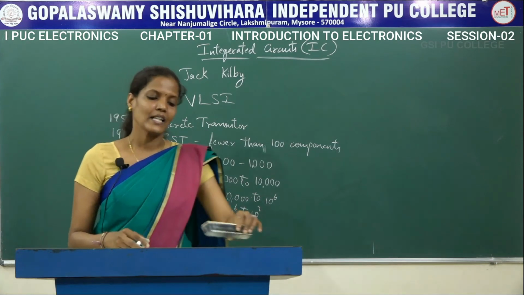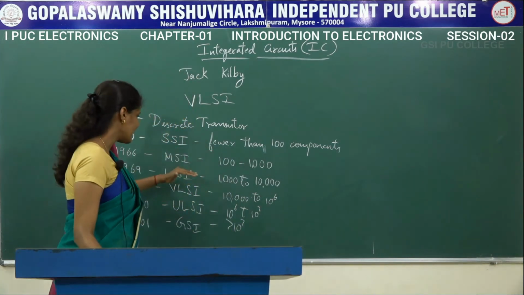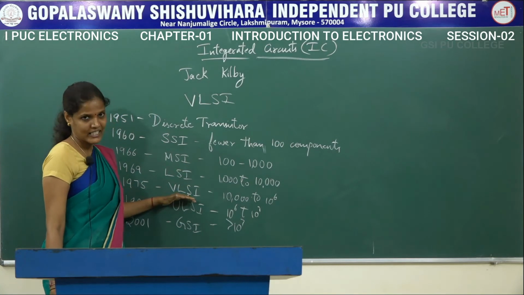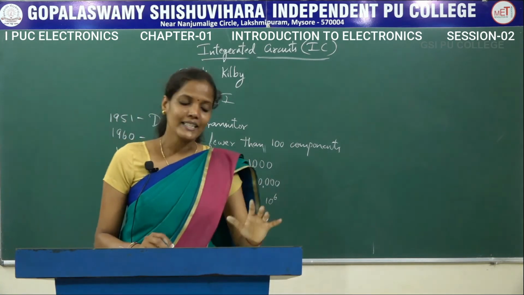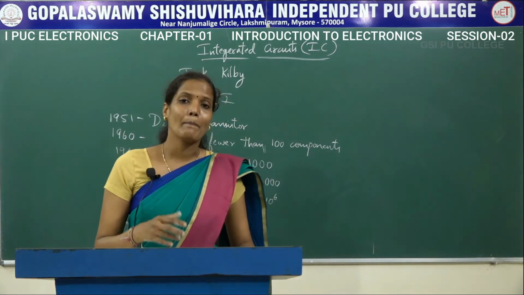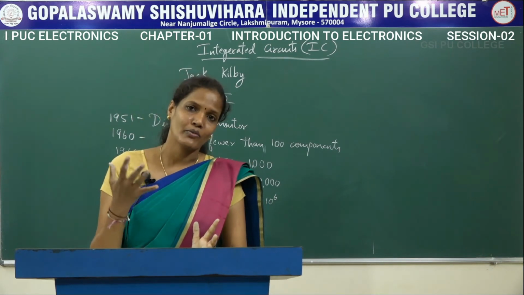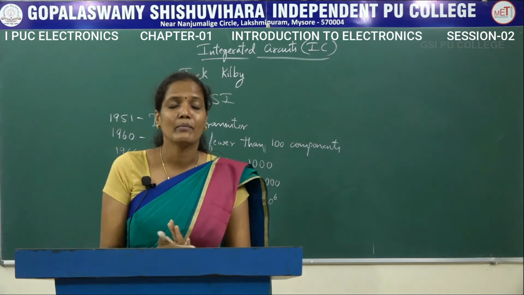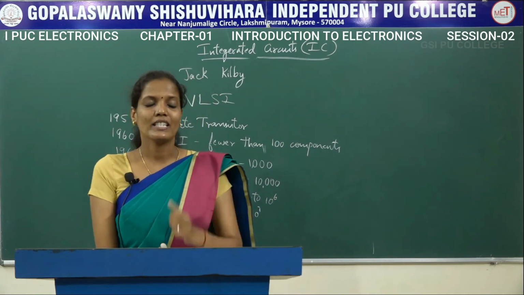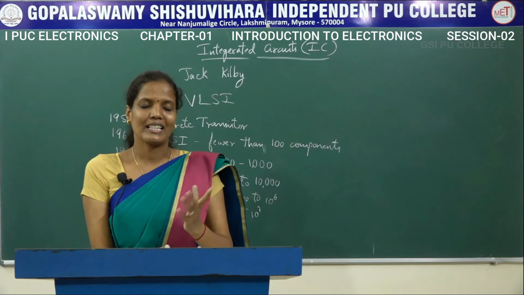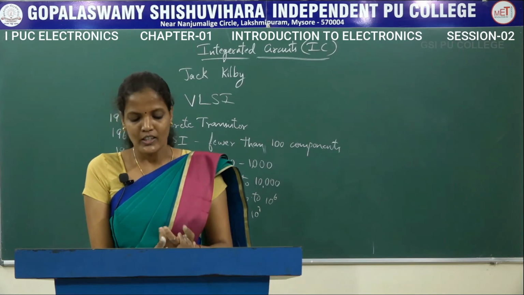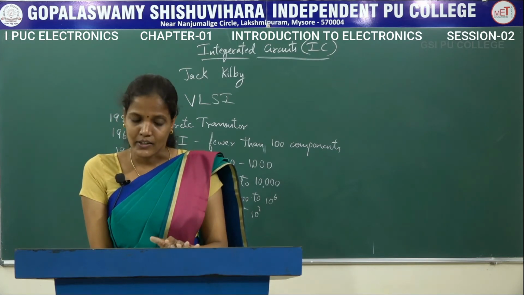But these days microprocessors come under very large scale integration. In today's ICs we place a billion transistors and a million gates on a single silicon wafer or chip. So this is all about integrated circuits.